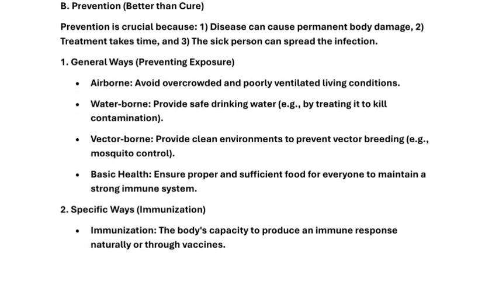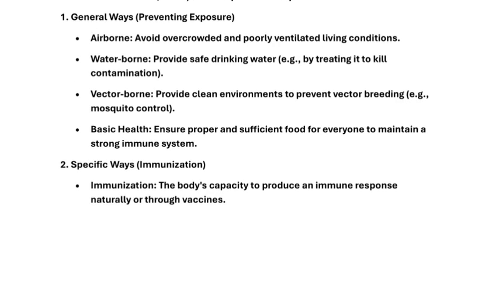1. General ways, preventing exposure. Airborne: avoid overcrowded and poorly ventilated living conditions. Waterborne: provide safe drinking water, for example by treating it to kill contamination. Vector-borne: provide clean environments to prevent vector breeding, for example mosquito control.